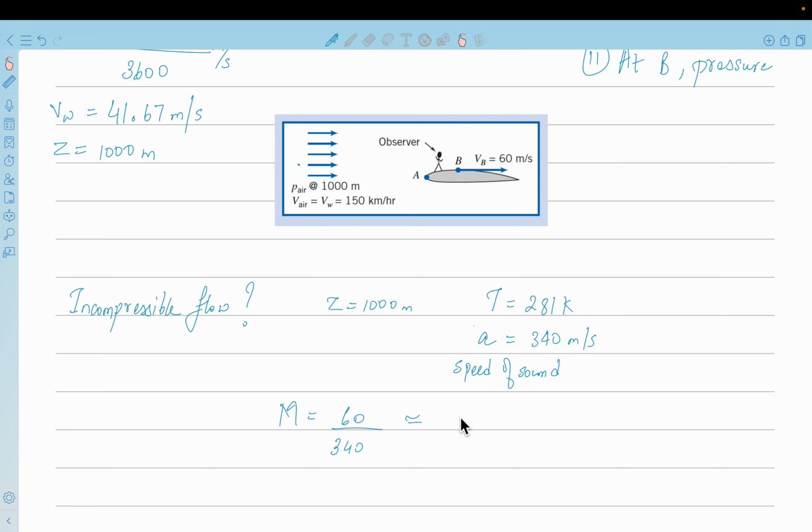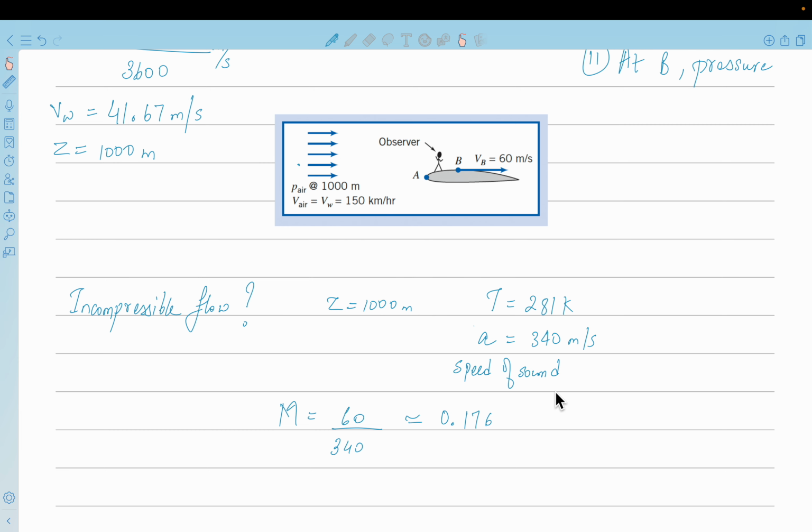So can someone calculate and tell me what is the Mach number? 0.176. Okay, 0.176.